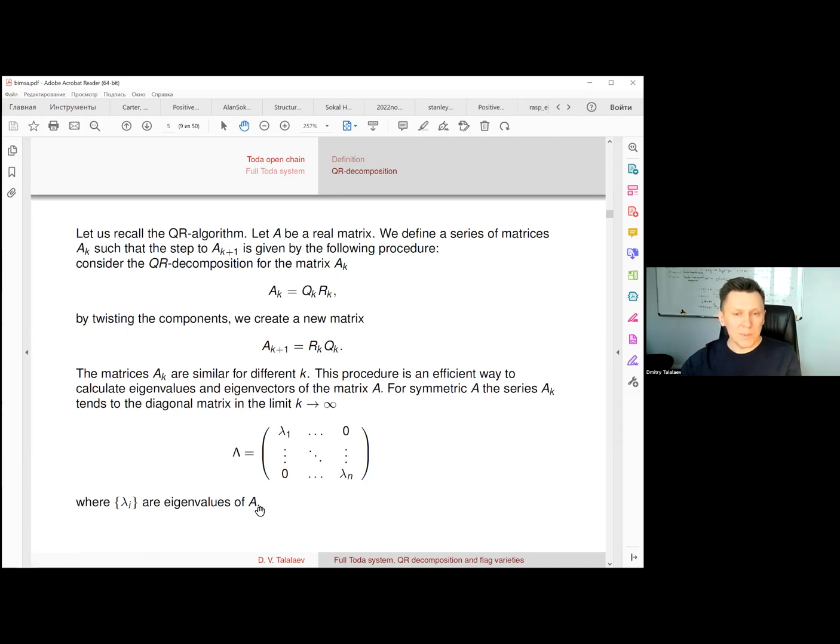And it appears that this method is very quick as a calculating method of eigenvalues and eigenvectors for a symmetric matrix A.